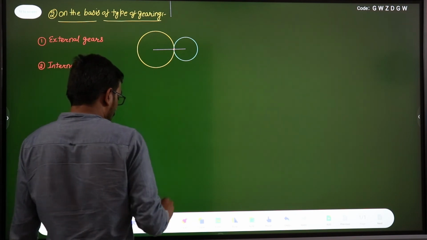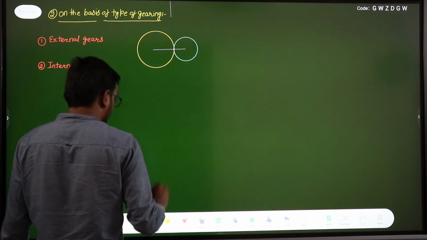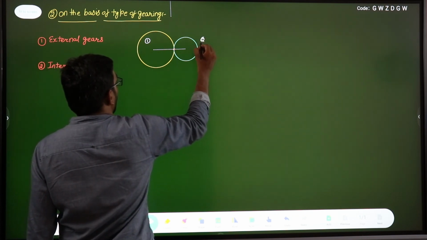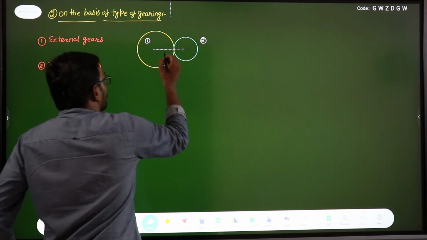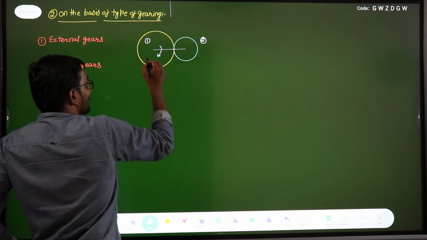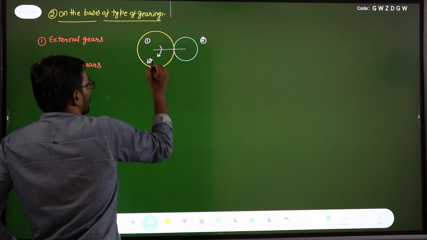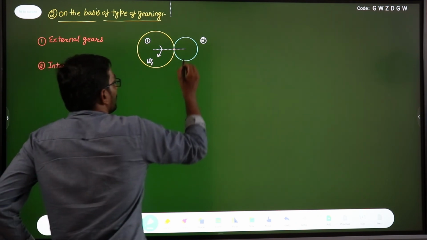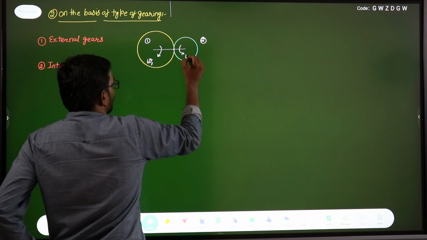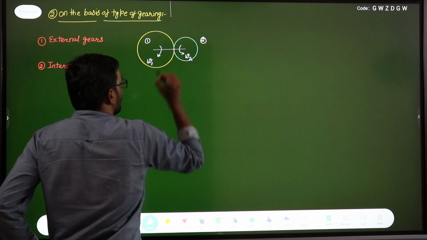Now suppose this is the gear 1 and this is the gear 2, right? If this gear is rotating in clockwise sense with the angular velocity omega 1, then this gear will rotate in the anti-clockwise sense with some angular velocity omega 2.